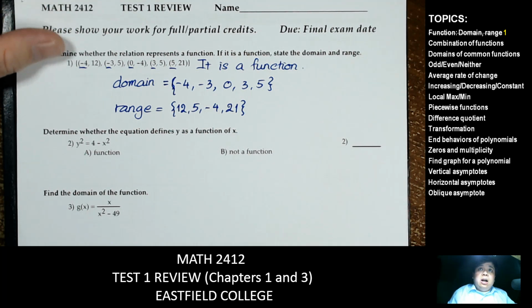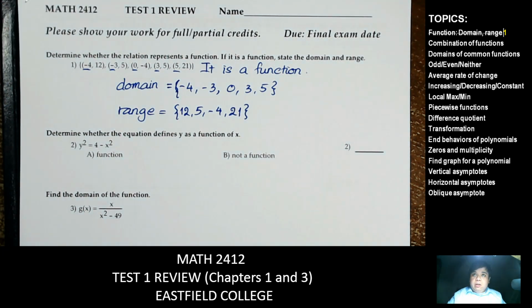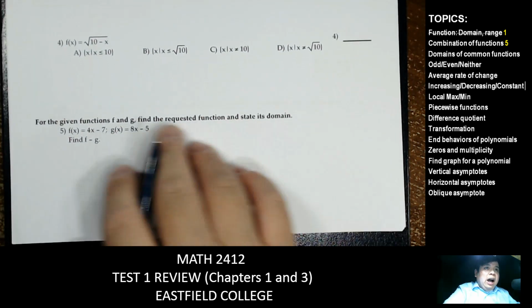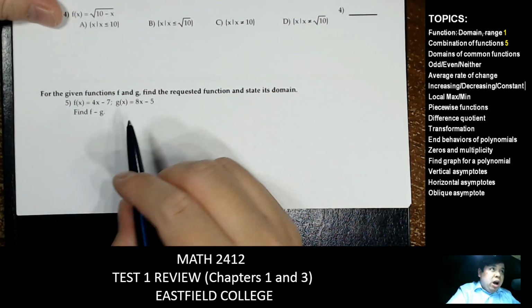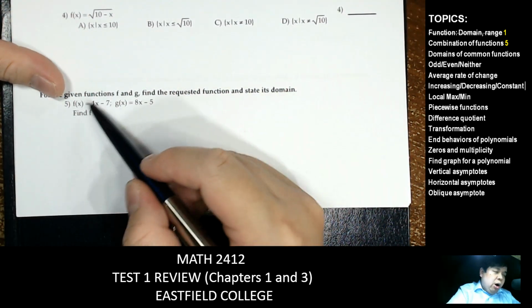Next, combination of functions. That will be number 5. So we just add, multiply, divide, or subtract the functions.